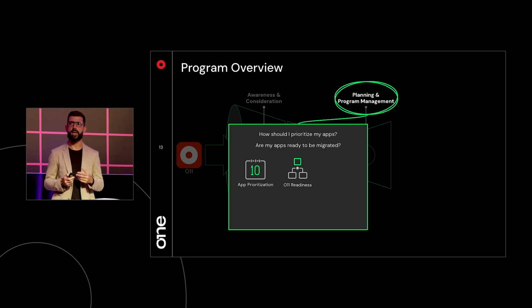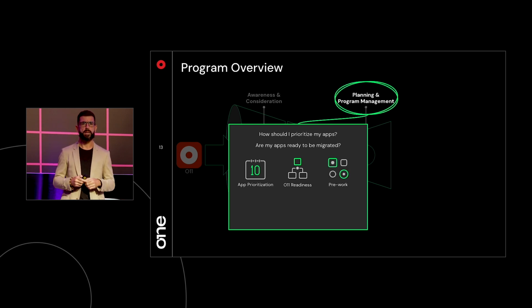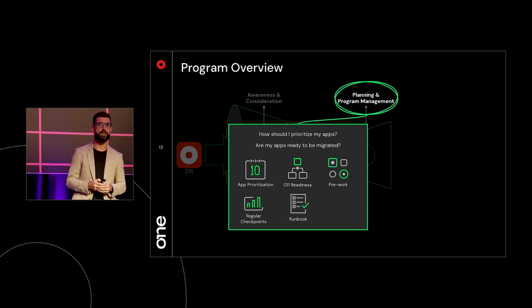Also assessing the readiness level of your existing O11 applications. How ready are they to move to ODC? Work with you identifying what's the pre-work that should be done, as well as regular checkpoints to see how the progress of the migration is going.